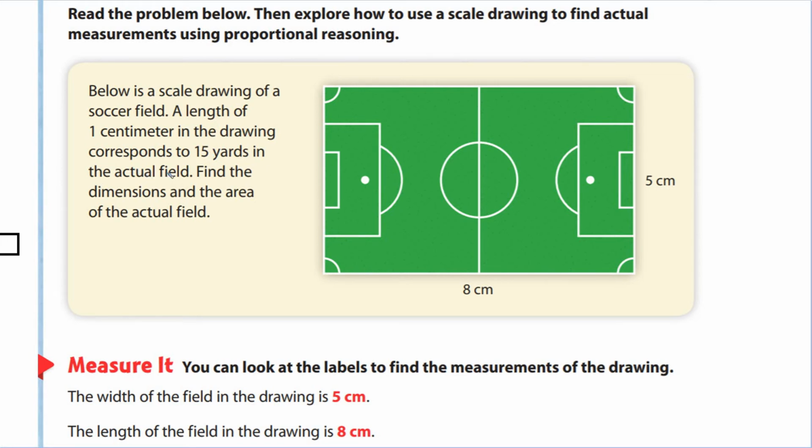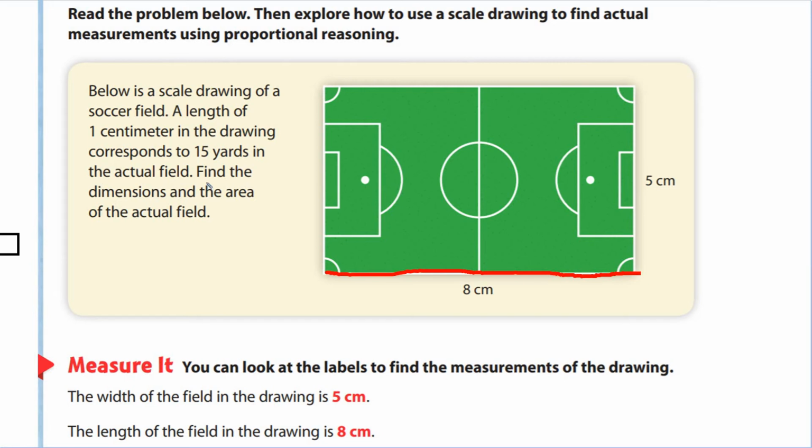Obviously, we can't draw the actual field, so I want you to visualize that for a sec. So 1 centimeter corresponds to 15 yards. You can see the length here is 8 centimeters, and the width is 5 centimeters for this drawing.